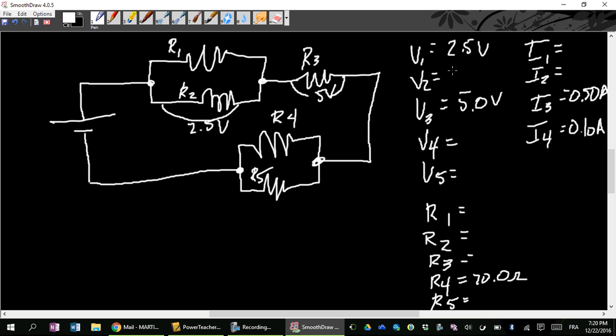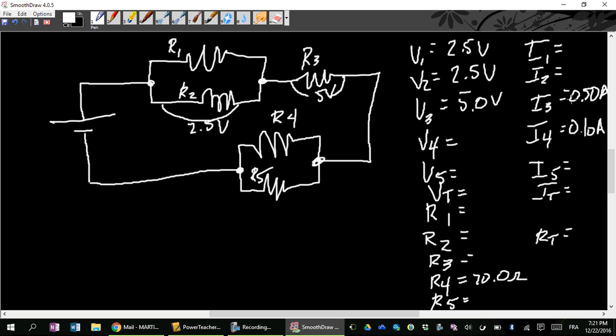So we can fill this up. So we can't know this because we don't know V total. And we're missing VT here. And we're missing I5 and IT. We're missing RT. Okay, that is a big one.